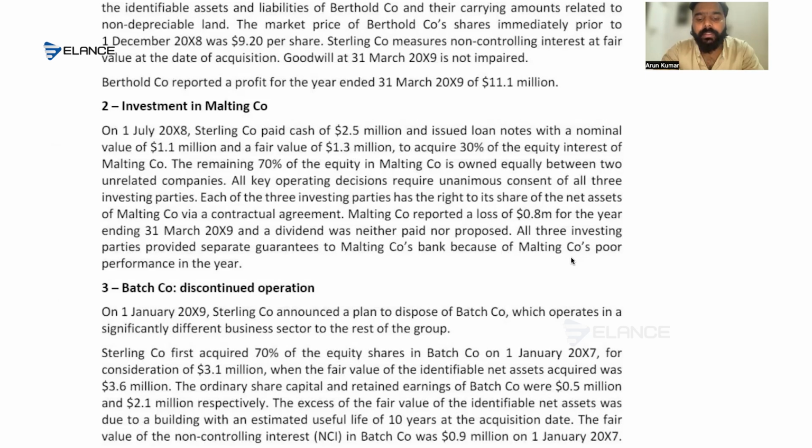Can you reply in the chat, guys? There is a unanimous consent between the parties. So does it look like a joint arrangement? Do you think that it's a joint arrangement?